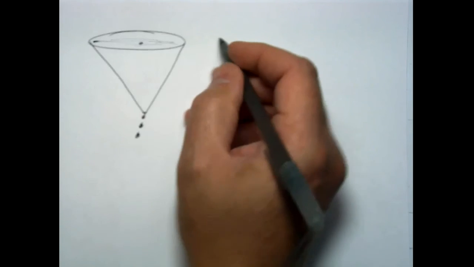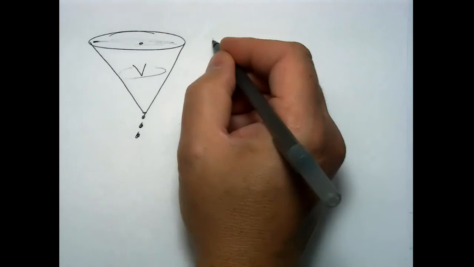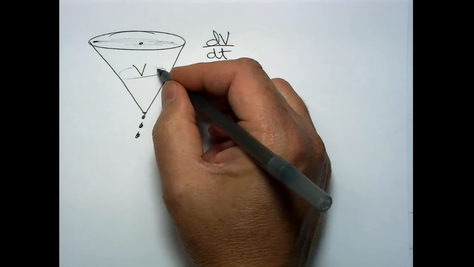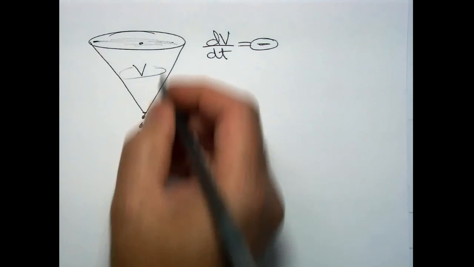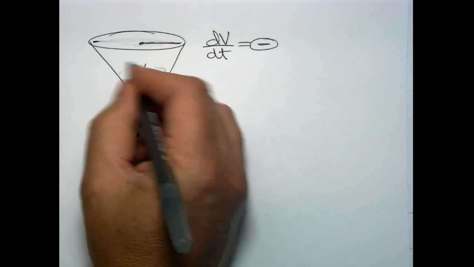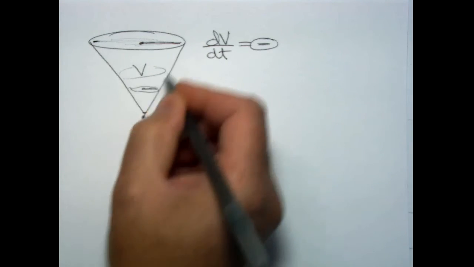Several things. First of all, this is the volume in here of water, right? And you would have a dV/dt. You'd have volume change with respect to time. If it's leaking, I guarantee you that's negative. Also, as the water level goes down, what happens? Well, let's put the water level down here. Take a look at that radius here.